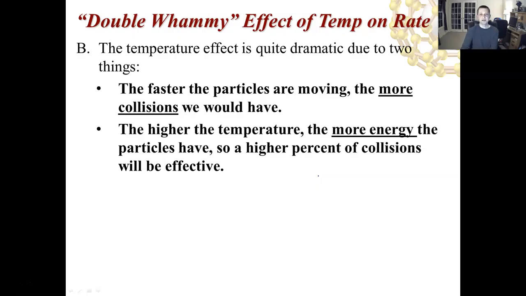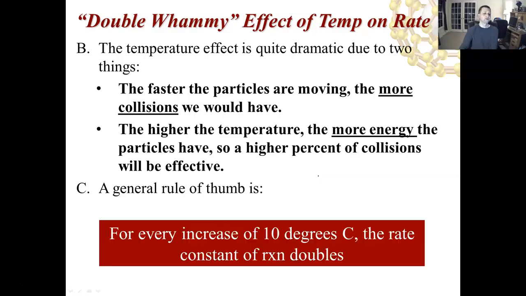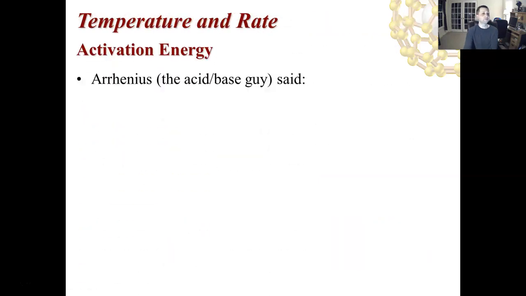But if I have you stand up and I blindfold all of you and tell you to dead sprint around the room, when you smash into each other, it's going to really hurt, okay? So you're going to collide more often and it's going to hurt a whole lot more. So the general rule of thumb is for every increase of 10 degrees Celsius, the rate of reaction doubles. You don't really need to memorize that, but you do need to know these two explanations here for that double whammy effect of temperature on the rate of a reaction.